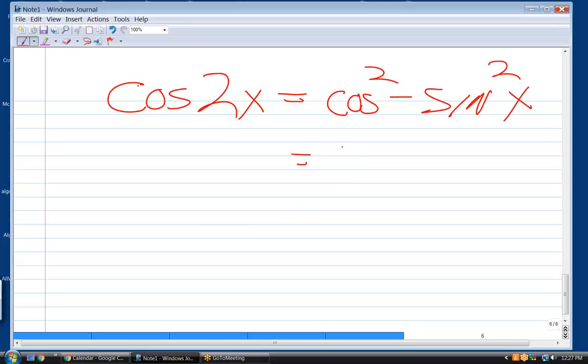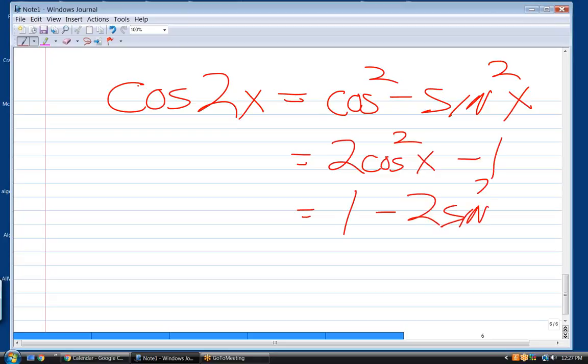Yep. 2 cosine squared x minus 1 and 1 minus 2 sine squared x. I haven't seen too many cases where they give you that and they expect you to convert it to cosine 2x. I have seen cases where they give you this, though, and they expect you to go backwards on it. But in general, if you can go forwards on these three, you're in good shape.